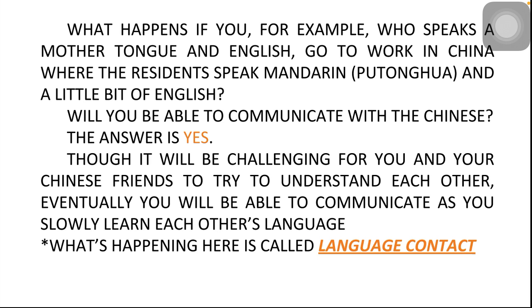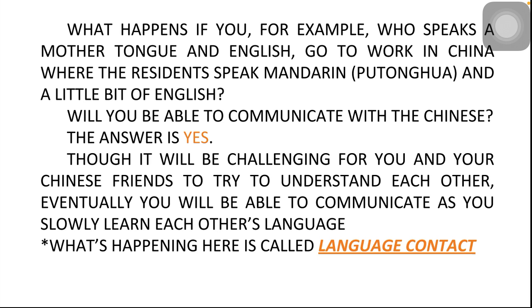You are using your own language together with the language you have learned slowly, which is, for example, in this situation, you can speak your mother tongue, for example, Filipino, and your second language, which is your English, and then you came to a foreign land, which is China, where they are using their own language, what we call Putonghua or Mandarin.